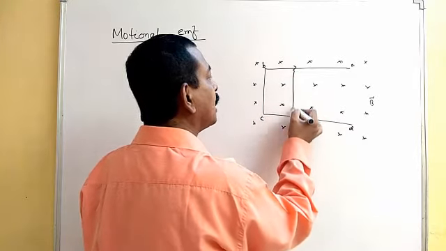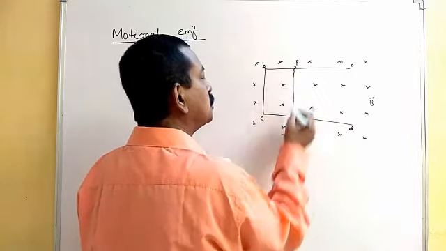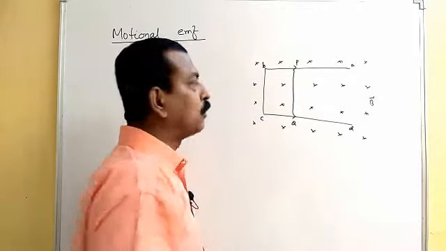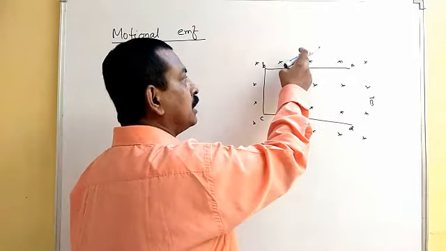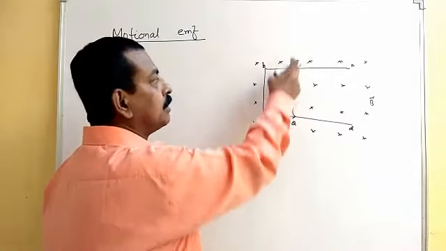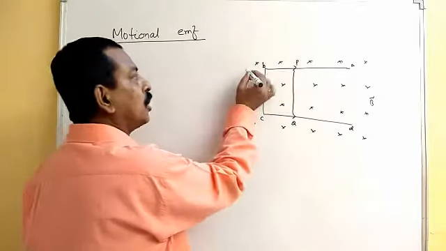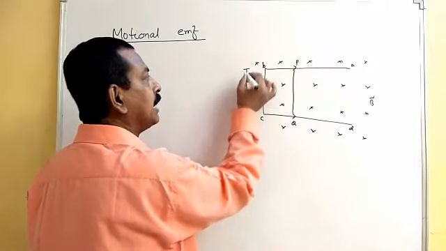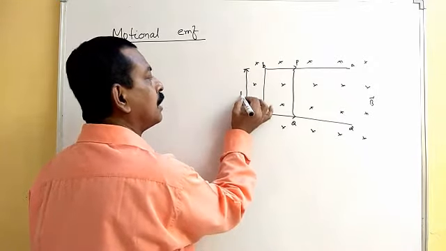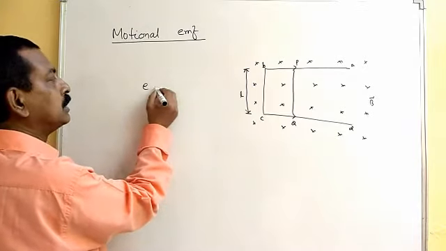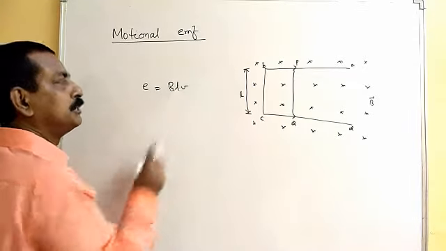This is the slider. Now we have seen that the EMF generated, or the potential difference developed across the ends of this rod of length L, is given as E equals BLv.